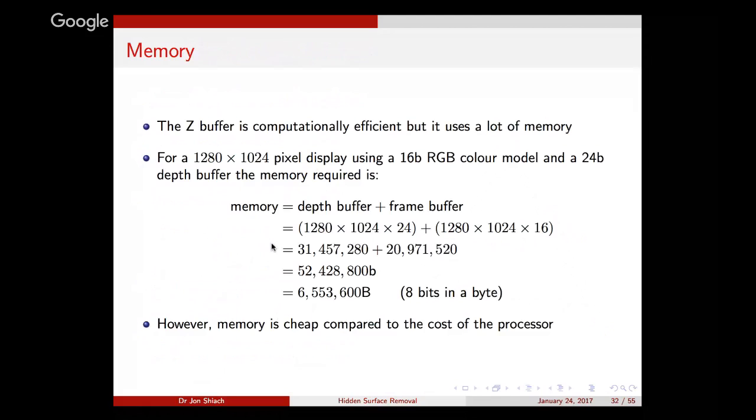Do these sums, and you get 52,428,800 bits. And there are 8 bits in a byte. So that works out at roughly 6.5 megabytes. That's for each frame. So each frame you use 6.5 megabytes just to store the information.